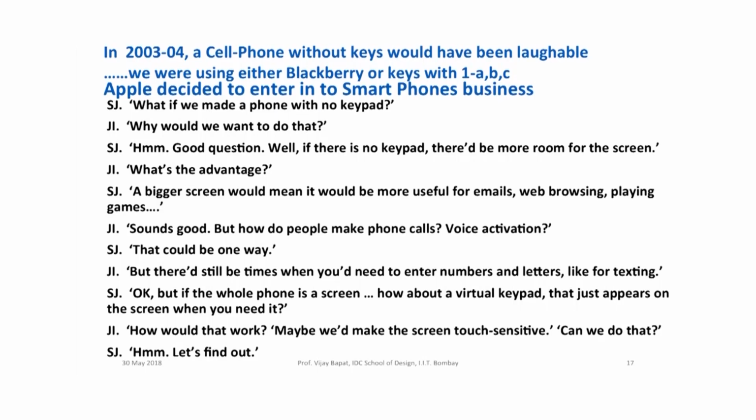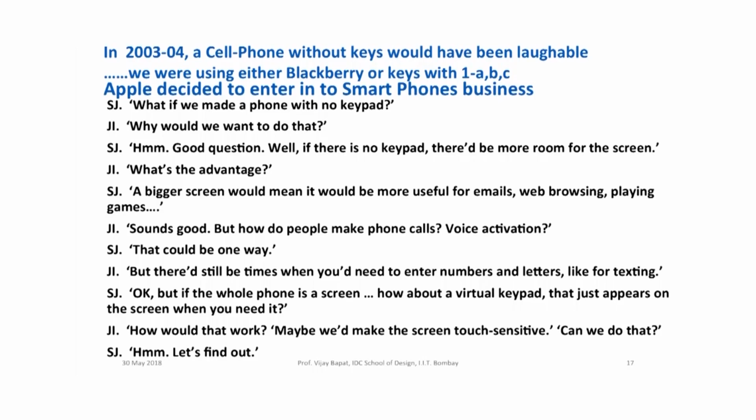So Steve Jobs said, what if we made a phone with no keyboard? Jonathan says, why do we want to do that? A good question, but if your screen is big, it can help me in many things. There is more room on the screen.